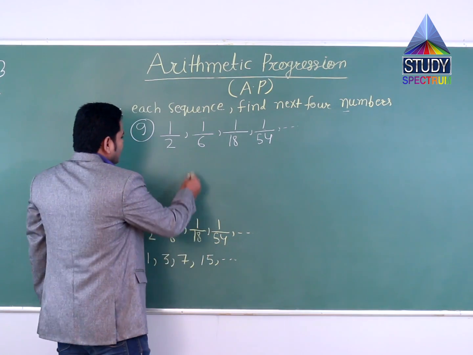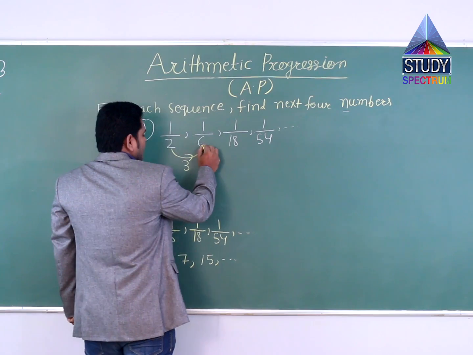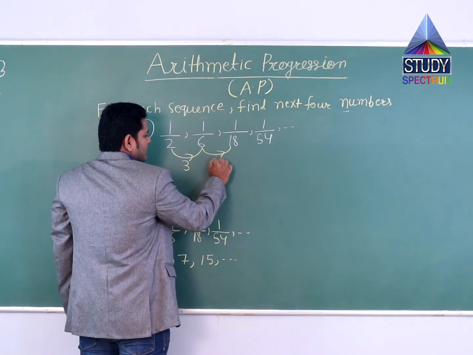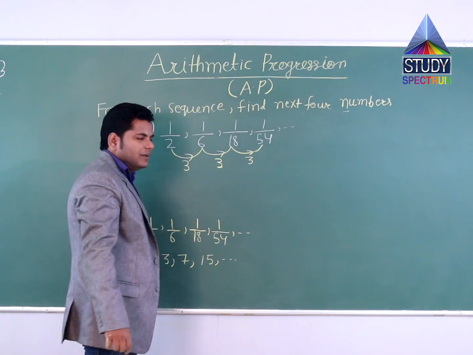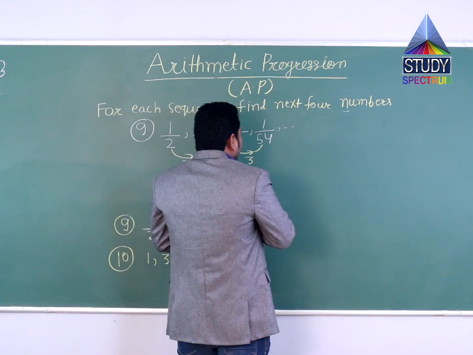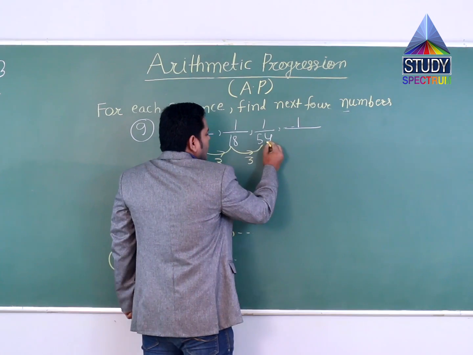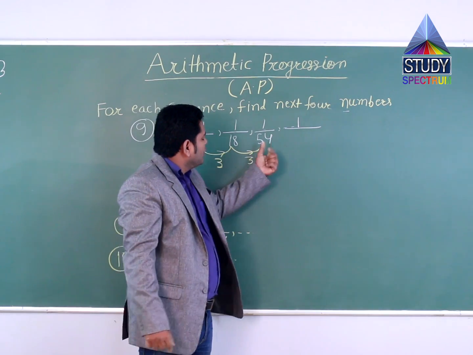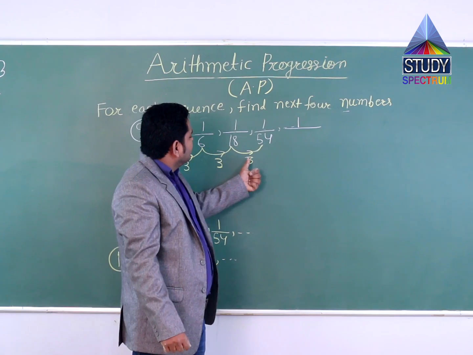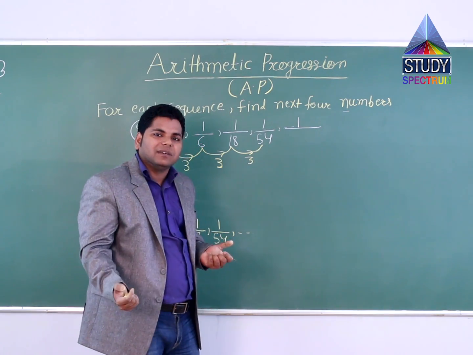So you can easily say this is 2 into 3 is 6, 6 into 3 is 18, 18 into 3 is 54. So what will be the next one? Each will have numerator 1, but the next term will have denominator as 3 into the denominator of the previous term or preceding term.